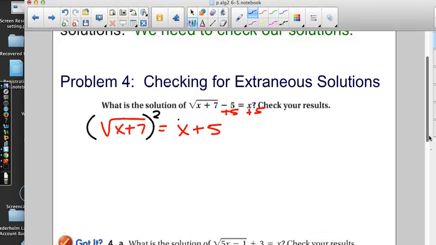Oh, this is different. Yesterday it was always just a number over there. Well, this will be the easy side, x plus 7. Over on the other side, we have to physically find out what that is. Now, if you want to do FOIL, you can write x plus 5 times x plus 5.